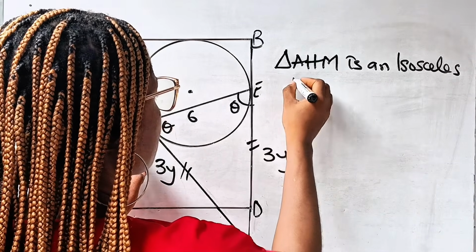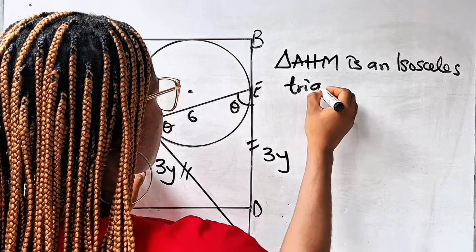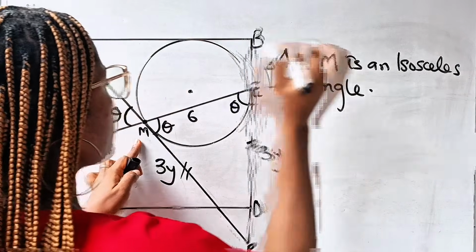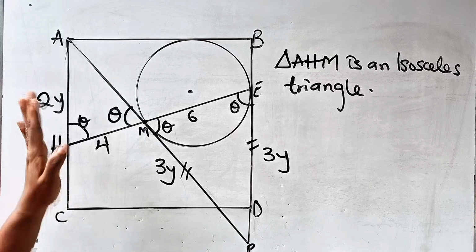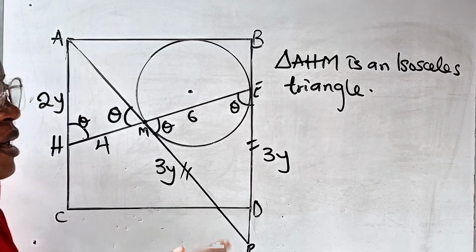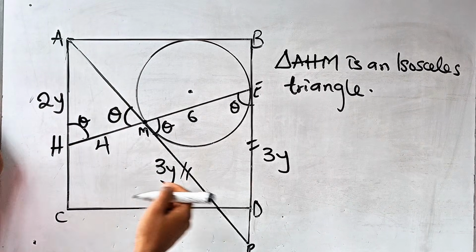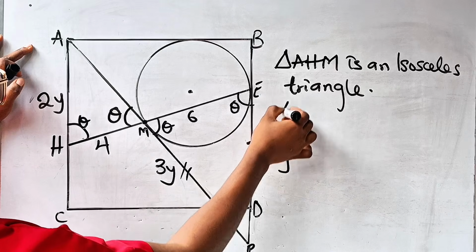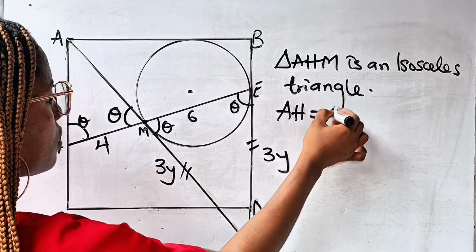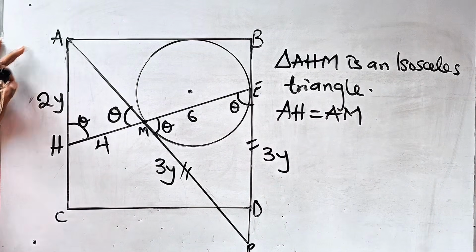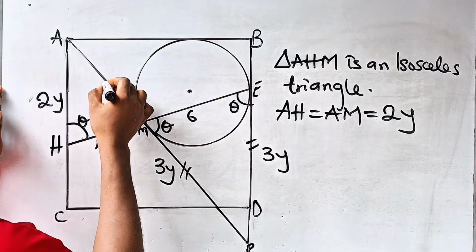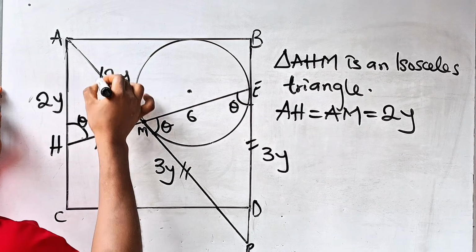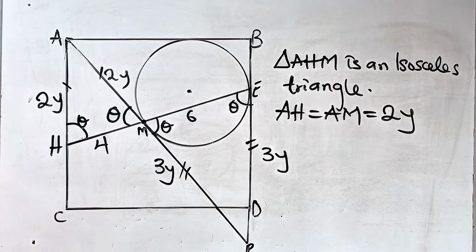Since the two base angles are equal, the two sides are equal as well. So AM should be equal to AH, which is equal to 2y. So we have 2y here as well.